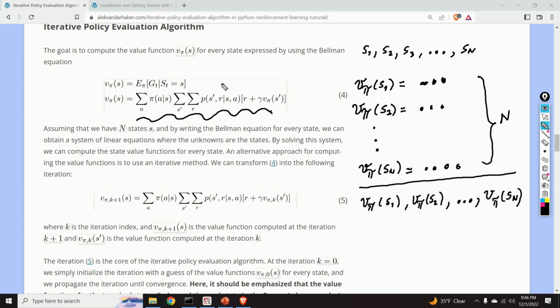Under the assumption that the transition probabilities, or the dynamics of the system, are known, and under the assumption that the reward values are known, and that this coefficient is known, and that the policy is known, we obtain a system of n equations with n unknowns. And since this is a linear system, under mild assumptions, we can solve this system and compute the value functions at the states S1, S2 until Sn.